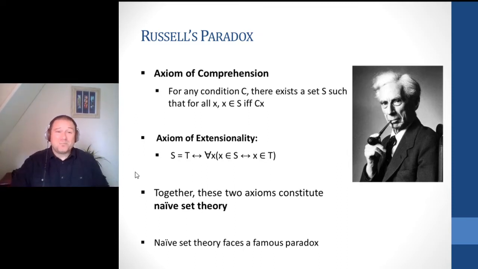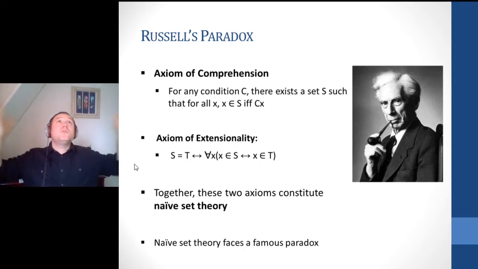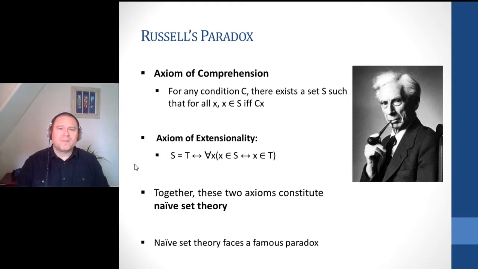And it actually looked pretty good for quite a while. Because there's so much we can do with just that very basic set theory that we talked about in the previous lecture. Of course, we need these two axioms, one to tell us what sets there are, and one to tell us the identity conditions for sets. But with them, we could get out so much of mathematics.